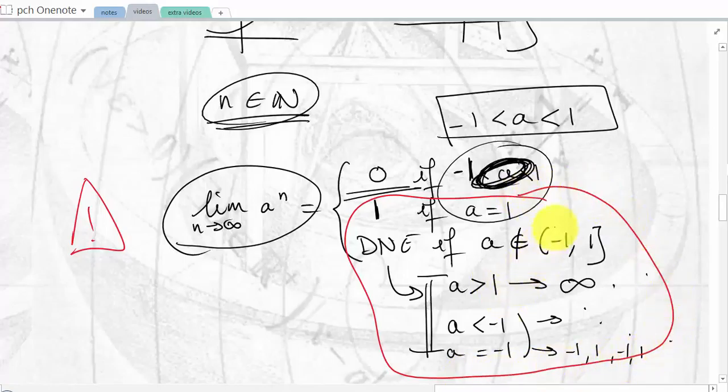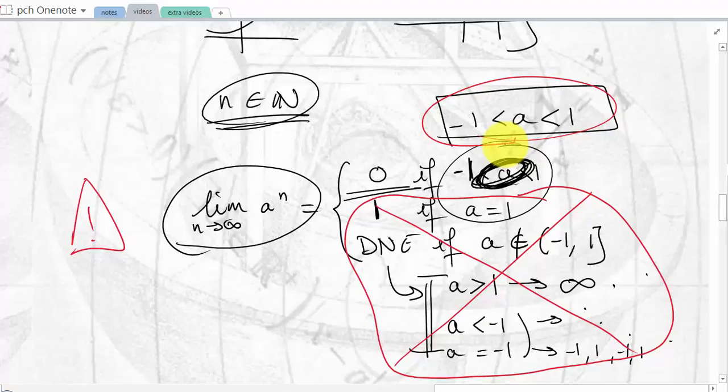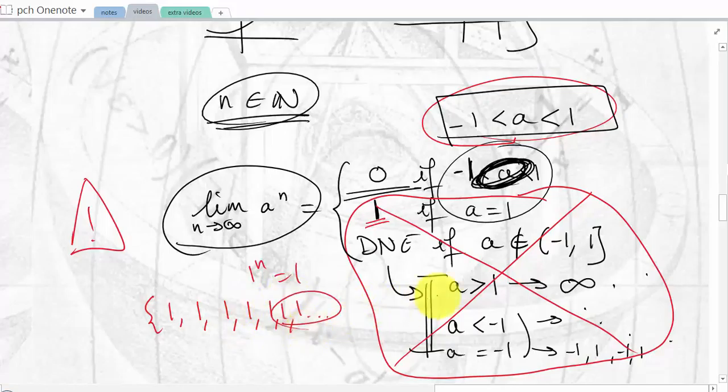They are not difficult, but we're not very interested in them. If you don't have a between -1 and 1, the limit will not exist except if a is 1, but again, that's a very boring case. It's 1 to the n, it's 1 no matter what, right? So you're dealing with a constant function, 1, 1, 1, 1, 1, 1. Now, of course, the limit of that is not going to be different than 1, right?